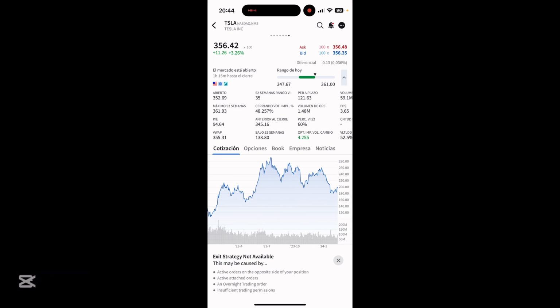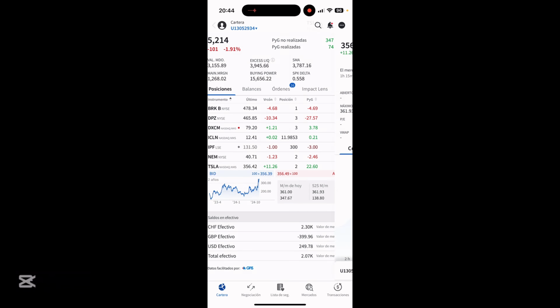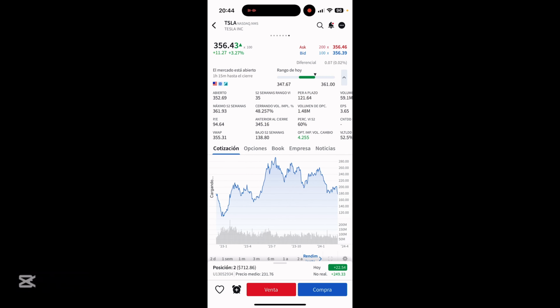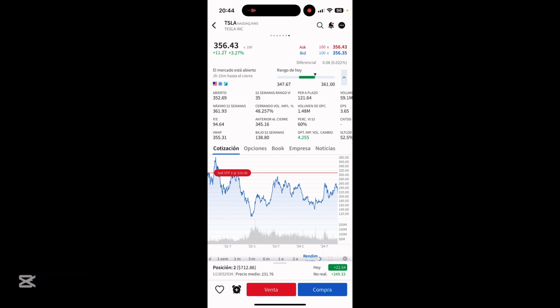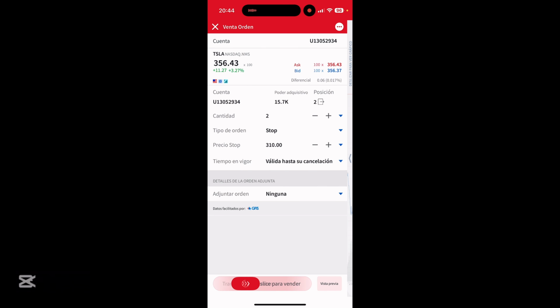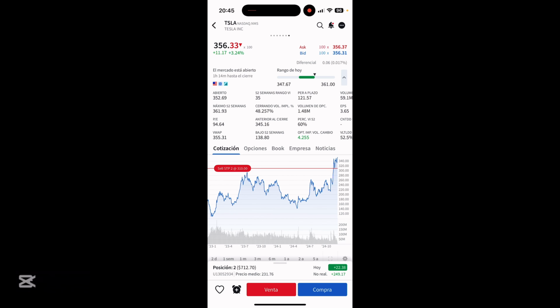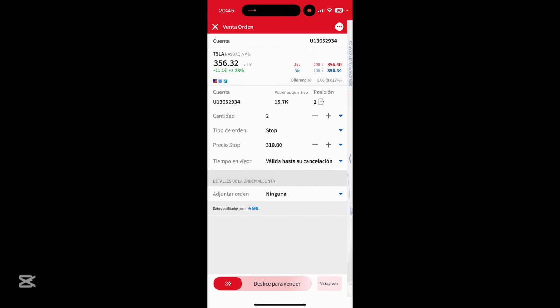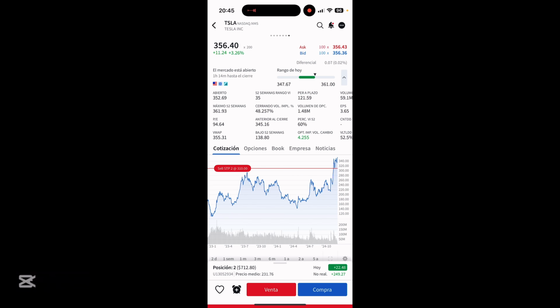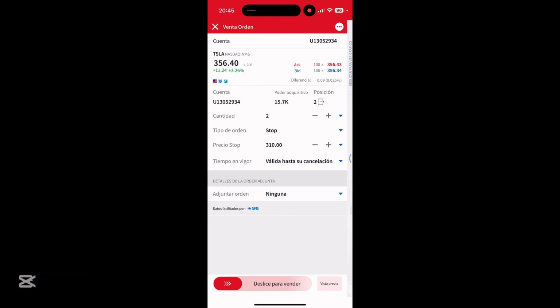You'll see that there's a sell position. So if, for example, I have this sell position at 310, which I will cancel so that you can see.